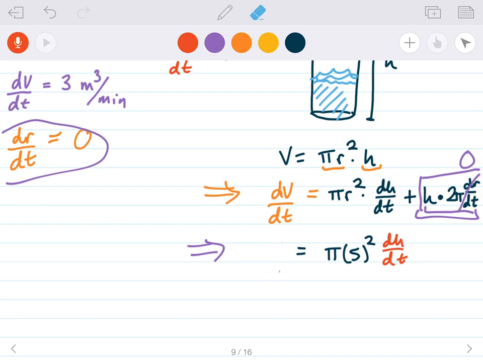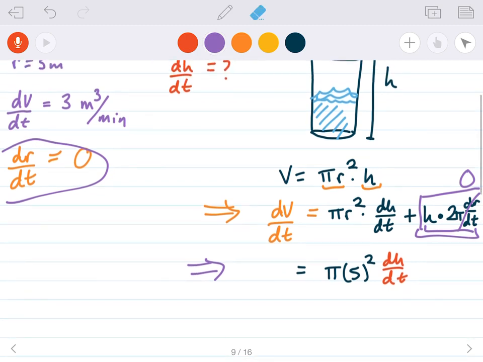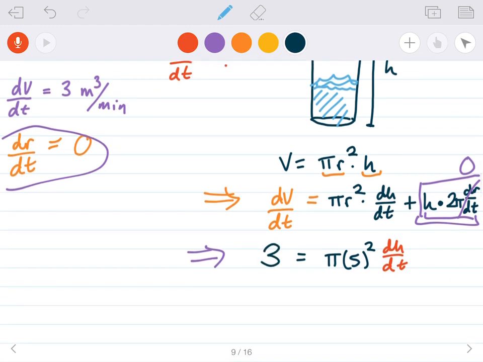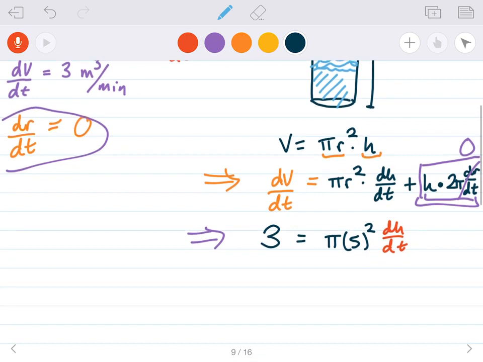Now, dV dt we were given as 3 meters cubed per minute. I'm just going to put in 3 here because I'm a little bit lazy, and we'll remember our units at the end. And so if I divide both sides by 5 squared pi, or 25 pi, I get that dH dt is equal to 3 over 25 pi.